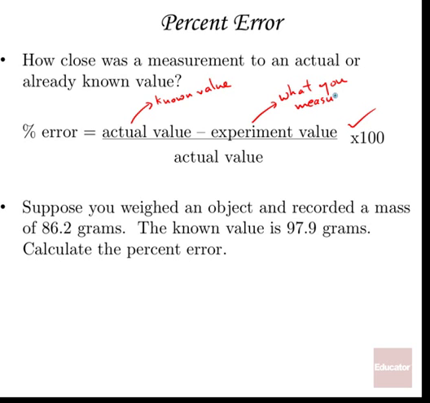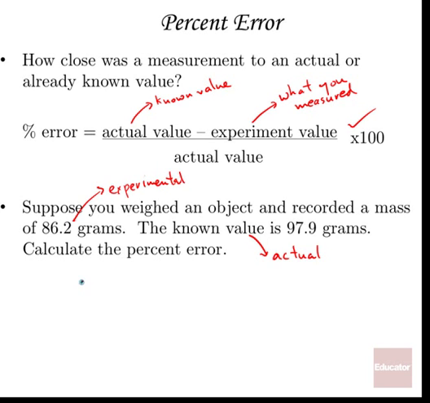And of course, we always like to get as close as possible to the actual. And so to illustrate this very simple equation to use, suppose you weighed an object and recorded a mass of 86.2 grams. The known value is 97.9 grams. Calculate the percentage error. Okay, so known value is going to be actual, and what you recorded, this is our experimental value.